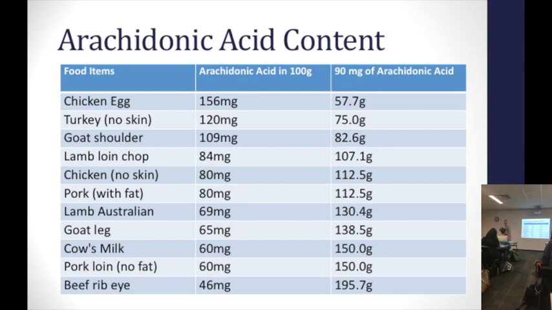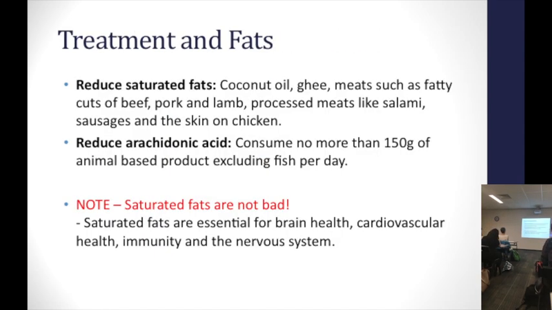A mobile phone weighs anywhere between 130 and 170 grams. So using that as a visual illustration for your clients, saying do not consume more than the weight of your phone of animal-based products, excluding fish, per day, will be classed as anti-inflammatory and thereby supports intestinal permeability.